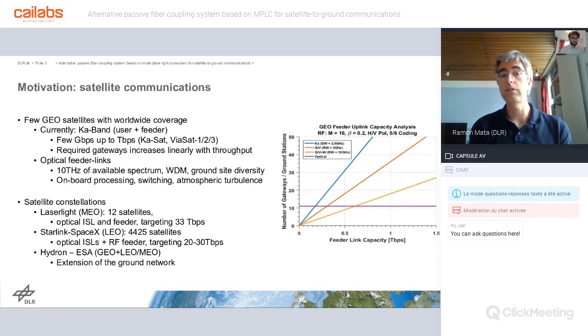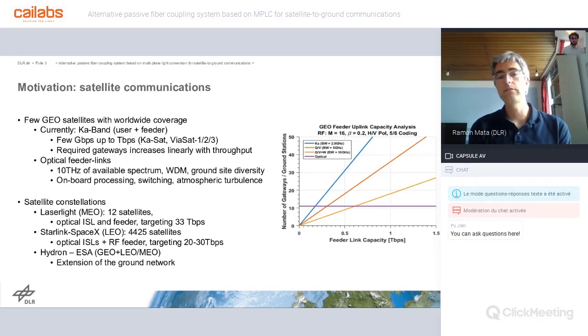Some examples are KSAT or ViaSat, the different versions. All this technology is based on multiple radio frequency gateways which feed the satellite. The number of gateways that you need to reach a certain capacity in the system increases linearly with the capacity.